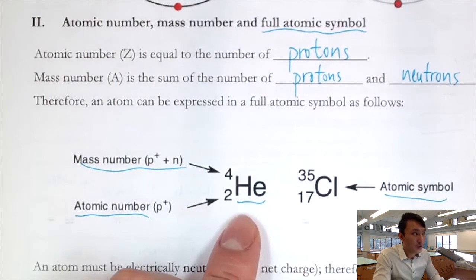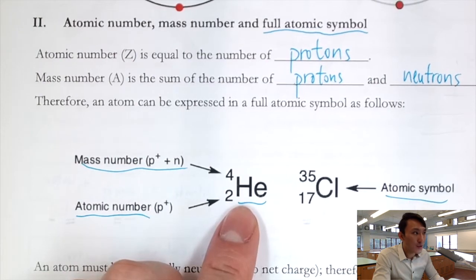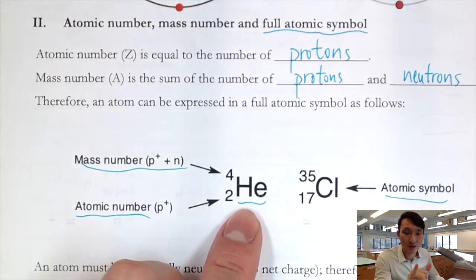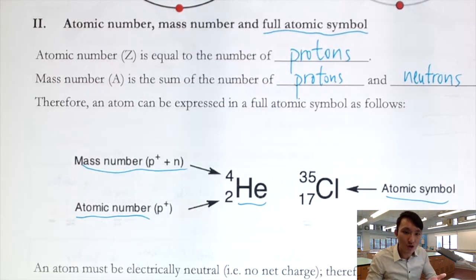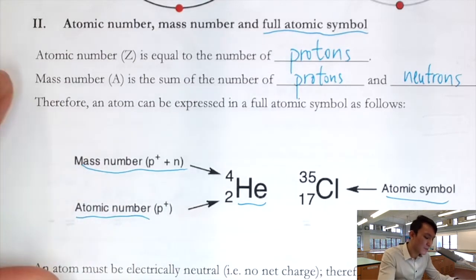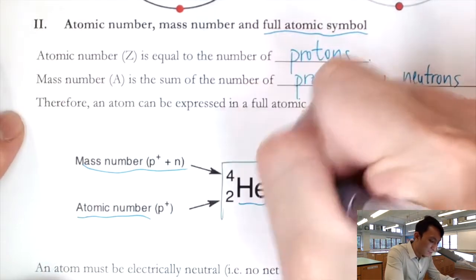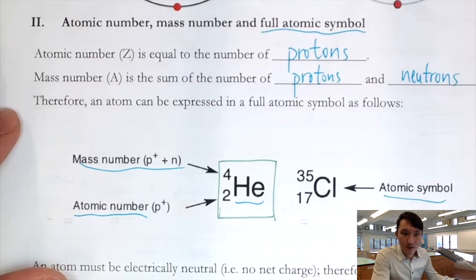Now, like I said before, this full atomic symbol can be used to represent six pieces of information. So let's find out which six. Okay? So supposing you have this one, 4,2 helium.